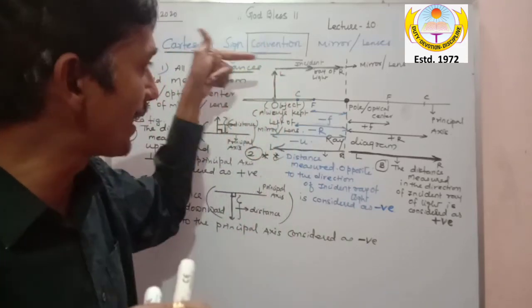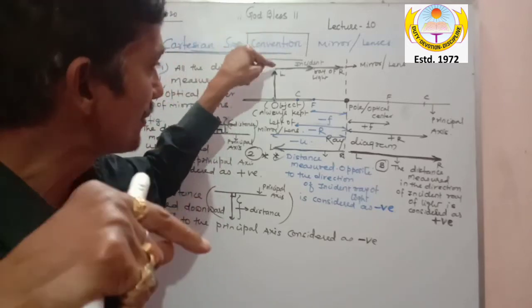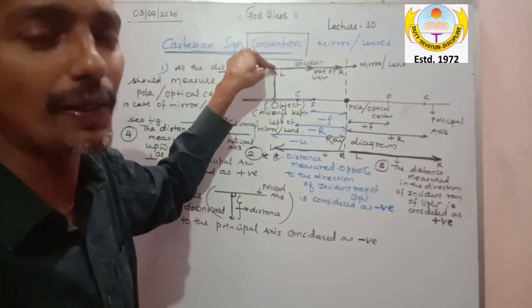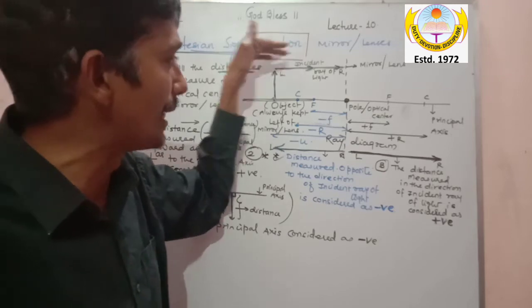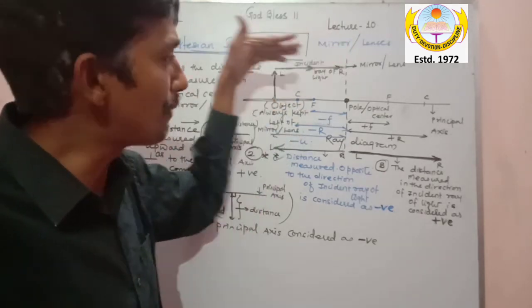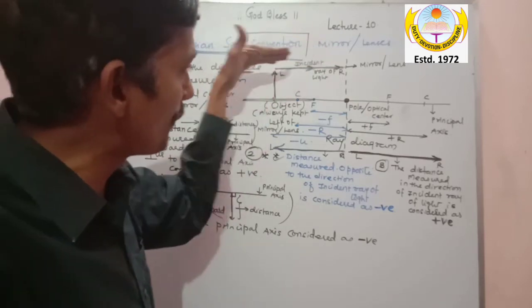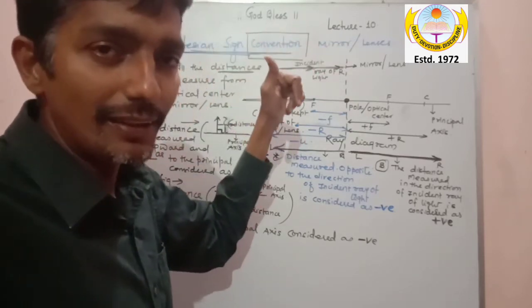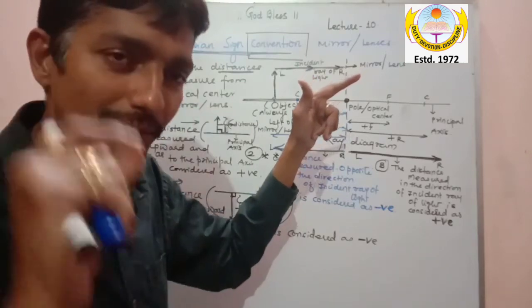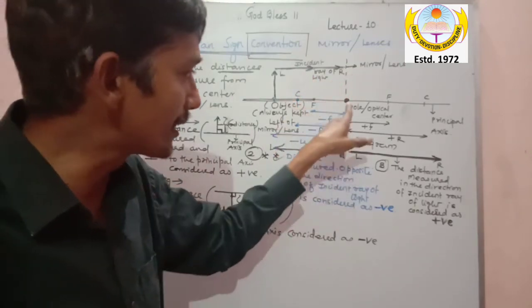So the incident ray will start from the object, and 100% it will move from left to right like this. So if I move from left to right, in the direction of incident ray, I will take that distance as positive.